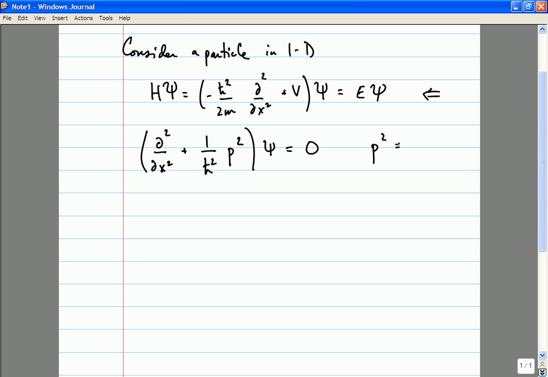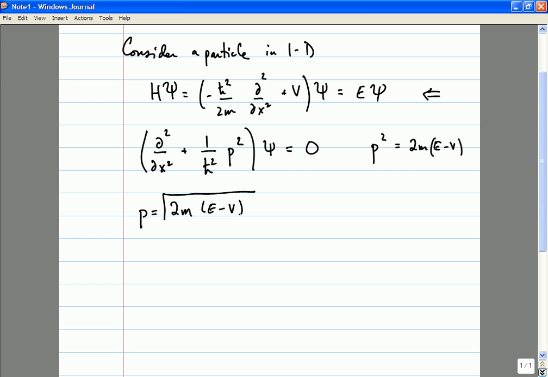And you can see with just a moment's thought that that's going to be 2m times E minus V. So p is the square root of 2m times E minus V.